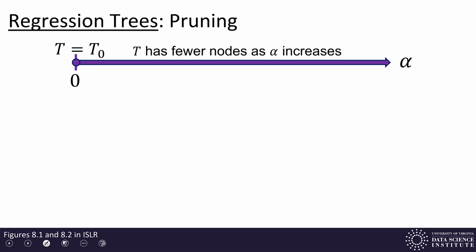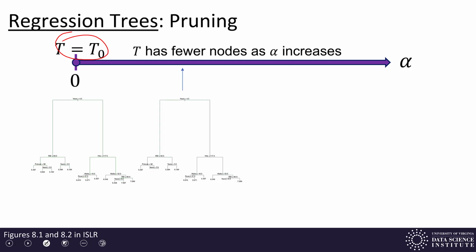And so what we really get is, if this line represents alpha, if alpha is 0, we get the full tree, and as alpha changes, we'll get a different tree. So there's the full tree. As you increase alpha, you get a smaller tree. You increase alpha further, you get yet smaller, and then even smaller the further you increase alpha.